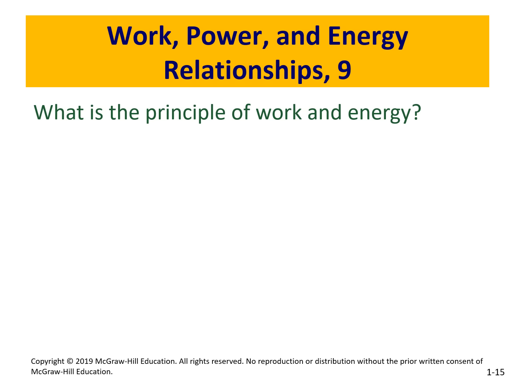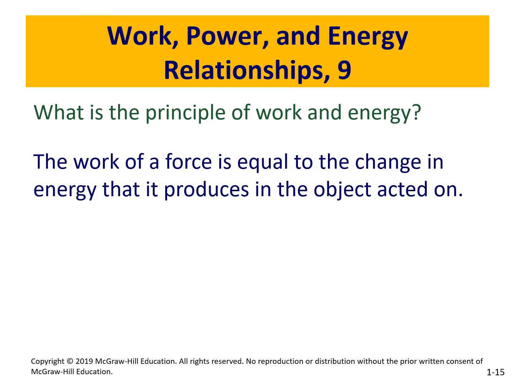We have a principle that combines them together. What we are saying is that the work done by a force is equal to the change in energy that is produced in the object acted on. So W, the work, which remember is force multiplied by distance, can be correlated to energy: the work itself is the change of potential energy plus the change of kinetic energy plus the change of thermal energy.